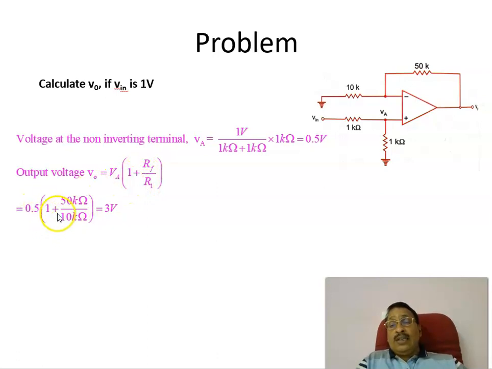Therefore, 0.5 into 1 plus 50 divided by 10 kilo ohms, 50 divided by 10 is 5, 1 plus 5 is 6, and 6 into 0.5 is 3 volt. The output voltage is equal to plus 3 volt. Therefore, when you apply a V in of 1 volt here, you will be getting an output voltage of plus 3 volt at the output of the op-amp. This is a non-inverting amplifier operation.